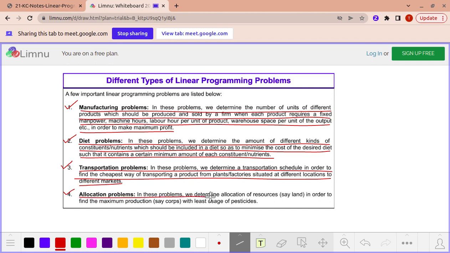In these problems we determine allocation of resources, for example land, in order to find the maximum production, say crops, with least usage of, say, pesticides. All these different types of problems fall into the same category and we will use the same method, the corner point method. All these things we will be discussing in detail in the next session.